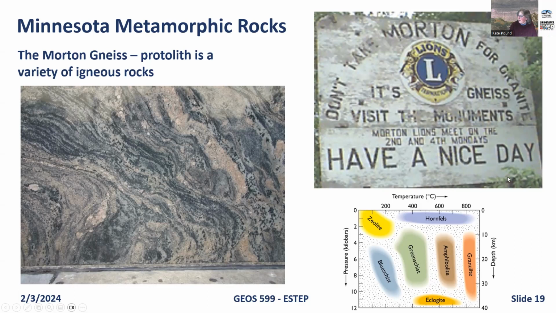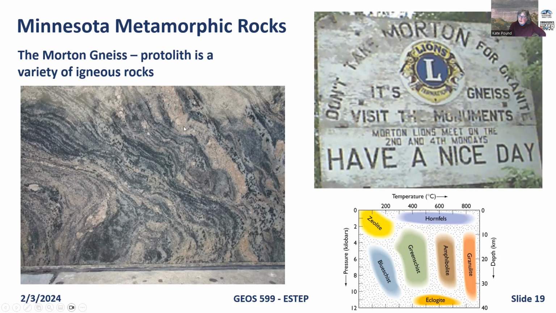This is a wonderful sign that no longer exists in Morton. Don't take Morton for granite. It's nice. Anyway, and I put this in here to remind you, where are we on the metamorphic facies diagram? If we're dealing with a gneiss, we're somewhere in between an amphibolite and a granulite.